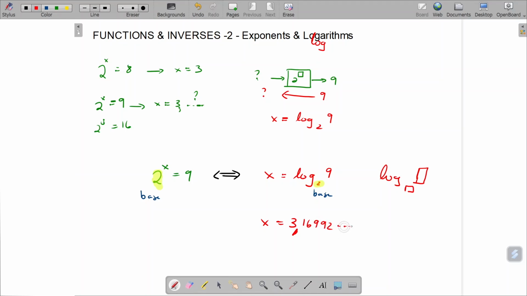So again, the calculator will find out what the logarithm is, and will undo this idea of an exponent. Now, in the same way that an exponent and a log are the inverse of one another, a log and an exponent are the inverse of one another.